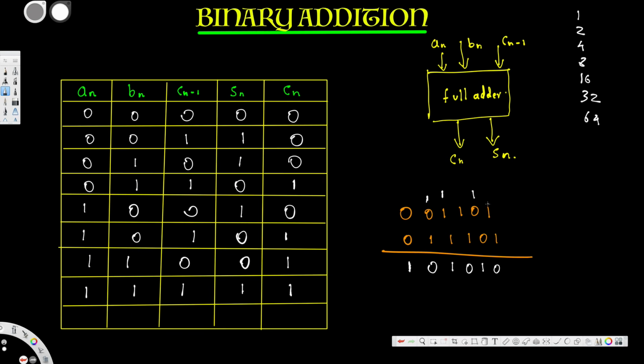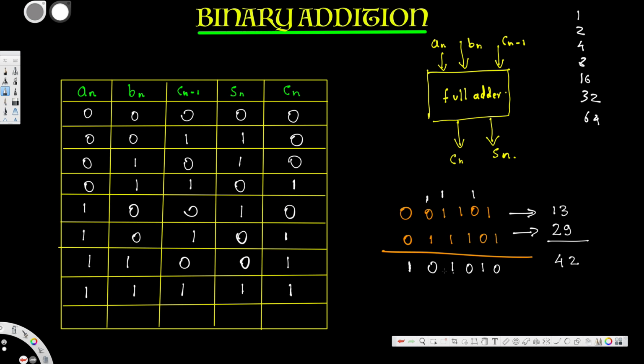So this is 1 and this is 4, 1 plus 4 is 5, then 5 plus 8, that's going to give us 13. And this one is 1 and 4, that's 5, 5 plus 8 is 13, 13 plus 16, that's going to give us 29. So this is 13 and 29, and if we add these two together we should get 42.